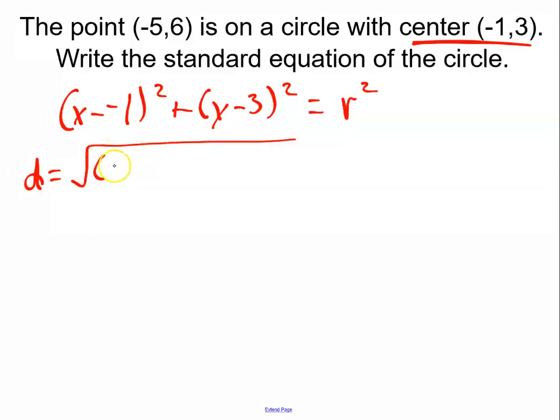So we're using that distance formula: the square root of x minus x squared plus y minus y squared.